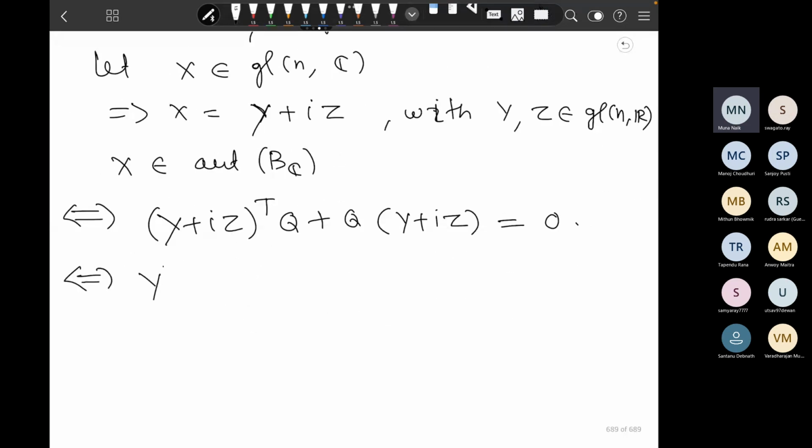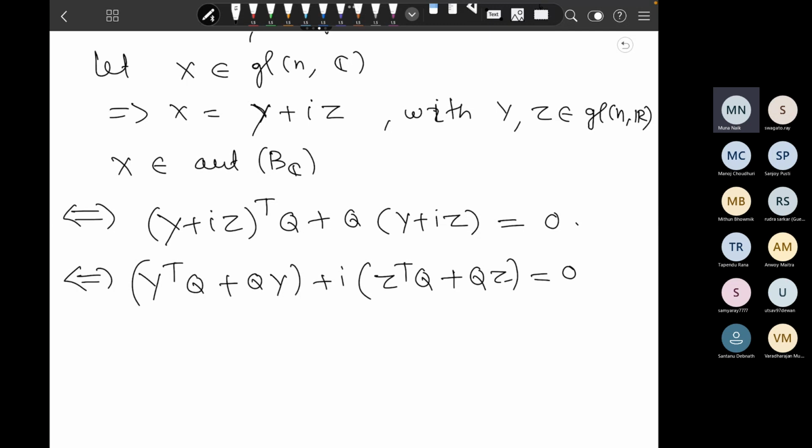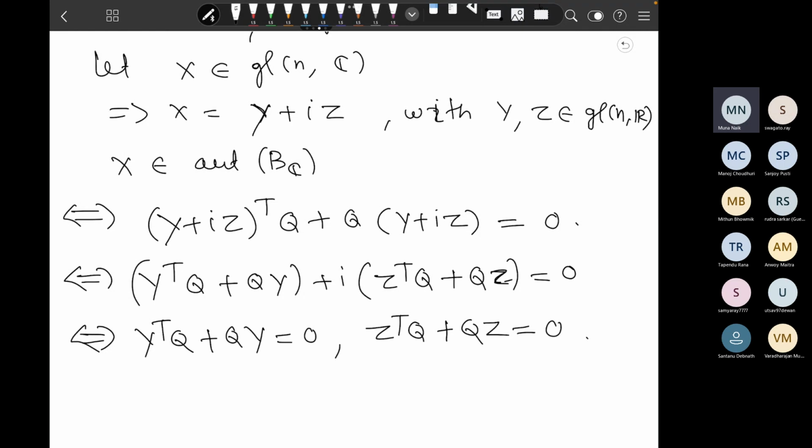So this is Y transpose Q plus QY, plus i times (Z transpose Q plus QZ), which is 0. This implies Y transpose Q plus QY is equal to 0 and Z transpose Q plus QZ is equal to 0. This implies Y belongs to o(BR) and Z belongs to small o(BR).